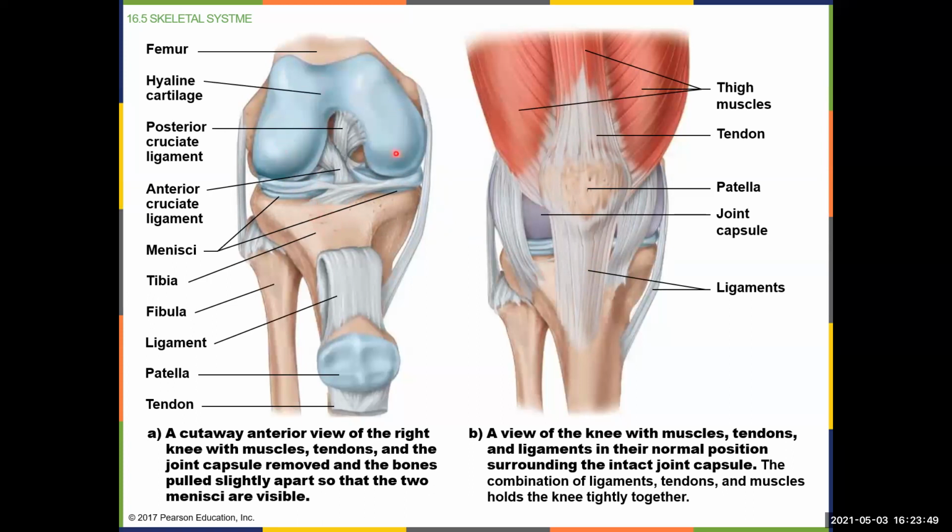The synovial joint here is going to have synovial fluid being released to help lubricate this joint as this portion of the bone moves across that meniscus. That helps reduce that friction.